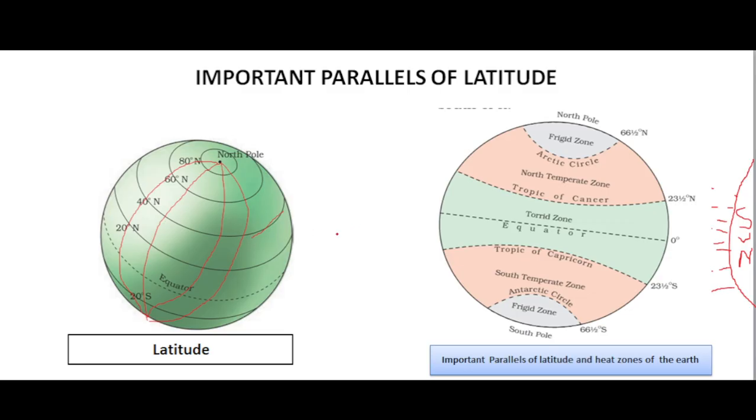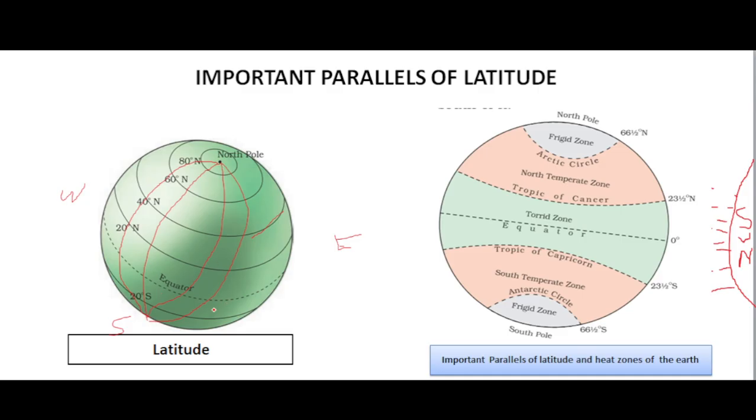So this is east and then west. This side west. Then north. This is the South Pole. So the other set of lines is drawn joining the North and South Pole.